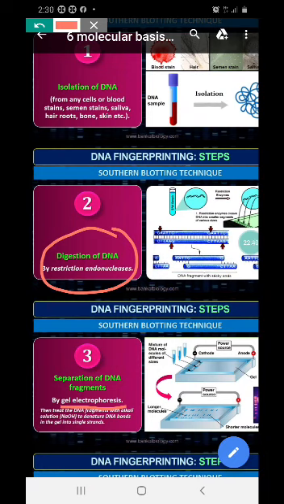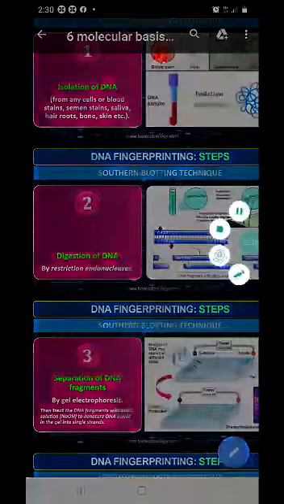You can separate these fragments, small or big, according to their densities. So, separation of DNA fragments, that is the third step.